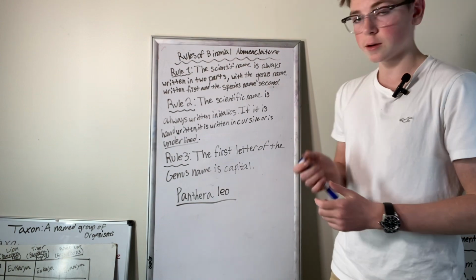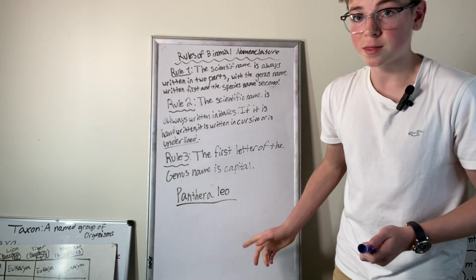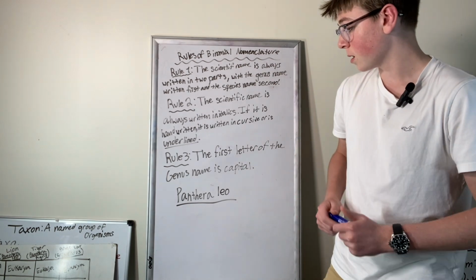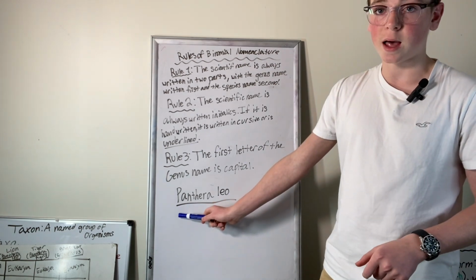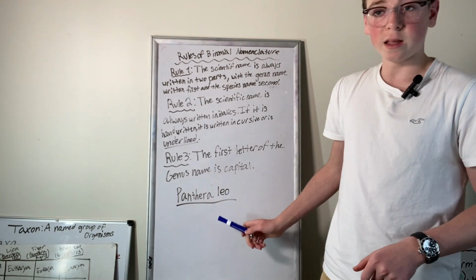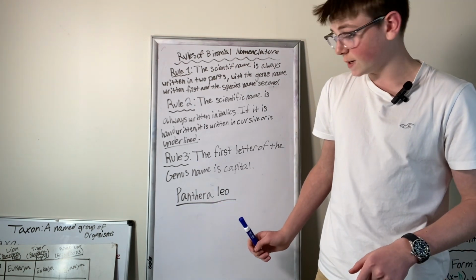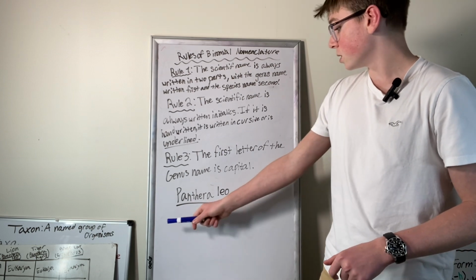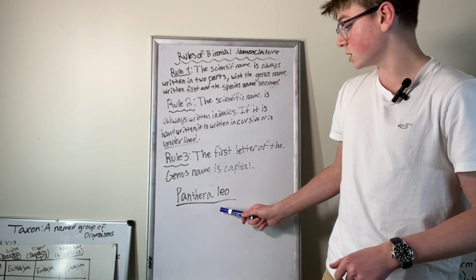So, here we have a little example. Panthera leo, if you remember, is our lion. So, the P is capitalized in the genus name. The L is not capitalized in the species name. It is underlined. It has two parts, genus name, then species name.